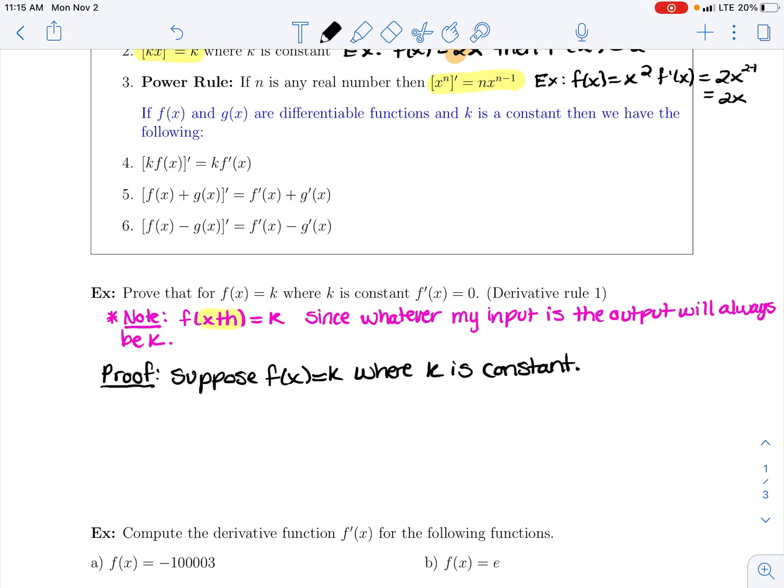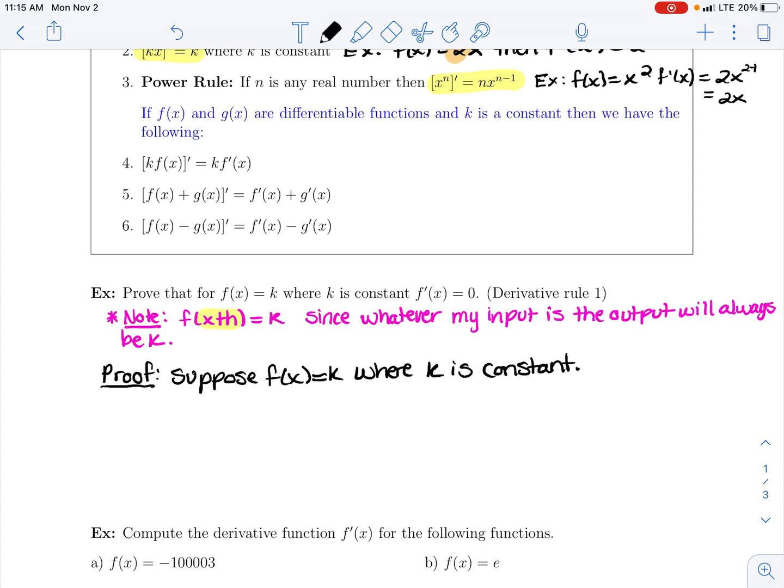Okay, and now I'm going to write down the definition of the derivative, because ultimately what I want to prove is that the derivative function is going to be 0. To do that, I have to write down what even is the derivative function, what's the definition, right? So we're just going to start with what we know, and what we know is the derivative definition.